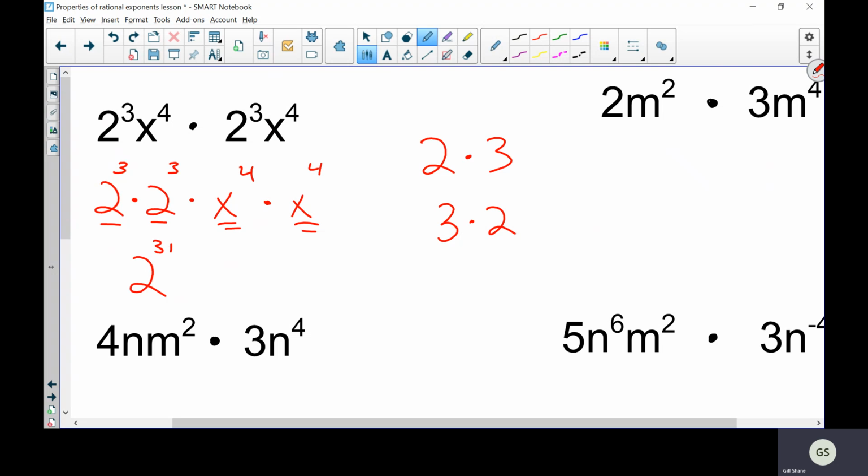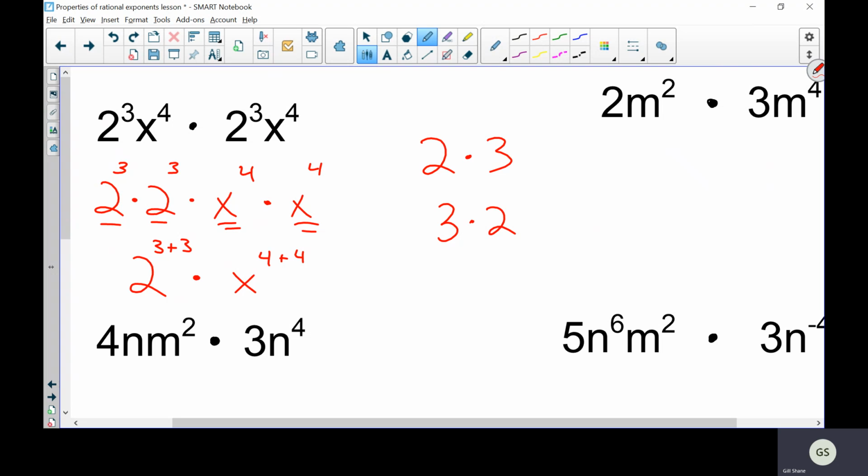Now I add the exponents, because again, I'm multiplying here, which means I add the exponents, as long as I have the same base. Now, separately, I'm multiplying this. I keep the base, then I add the exponents. Again, because I'm multiplying terms, I can add those exponents together.